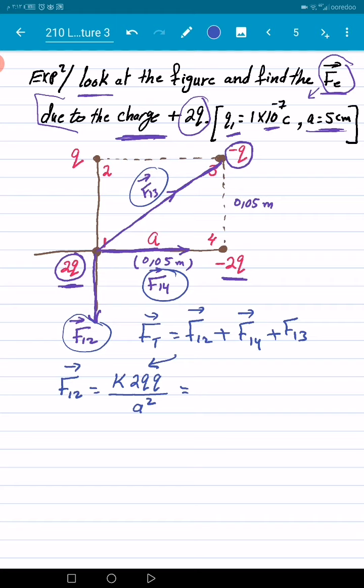So put the number: K is 9 multiply 10 to the power 9, 2 multiply Q is 1 multiply 10 to the power minus 7, Q is 1 multiply 10 to the power minus 7, divided by a squared, 0.05 squared.